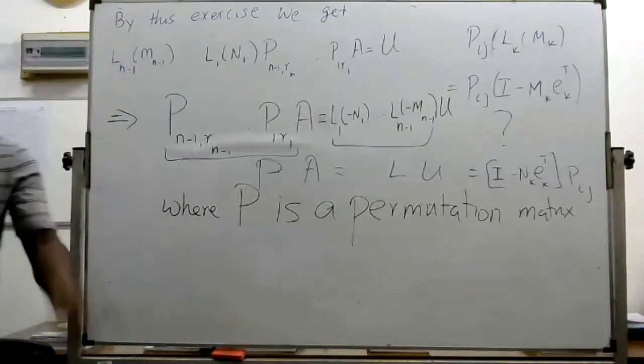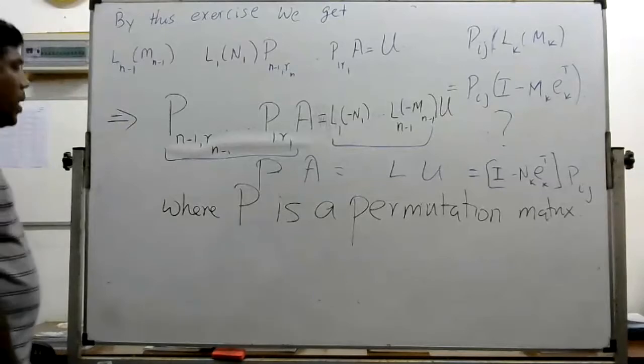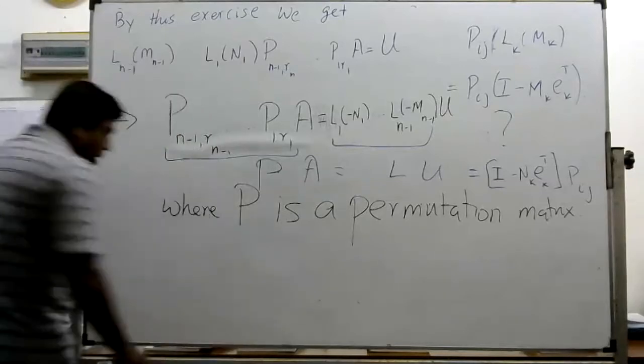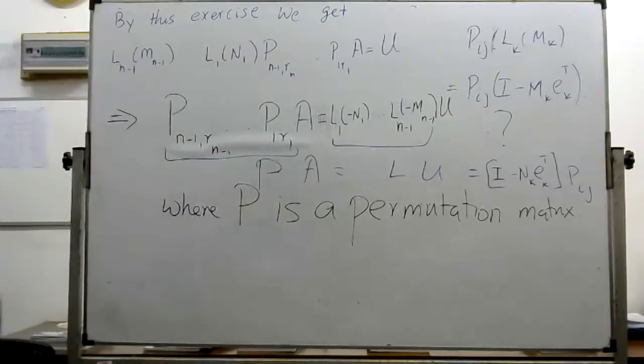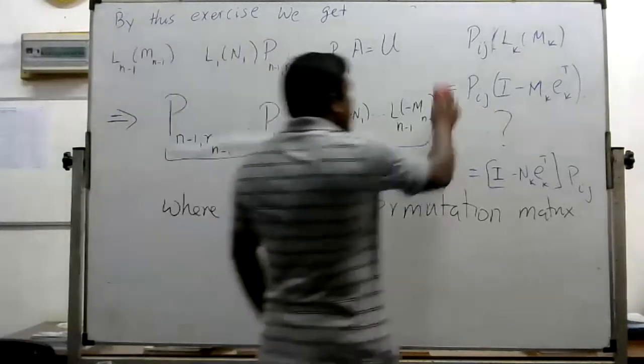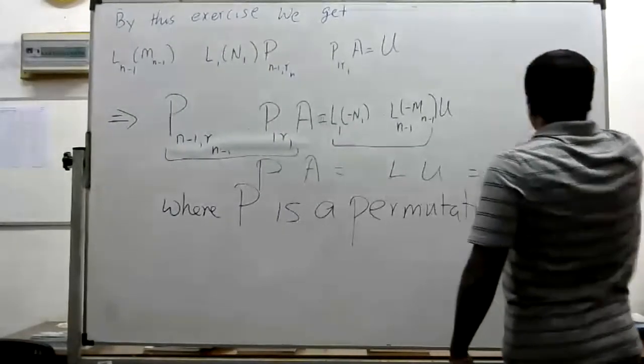There is another type of factorization as well, for a special type of matrix, not just for a general matrix A. We are going to see that factorization as well.